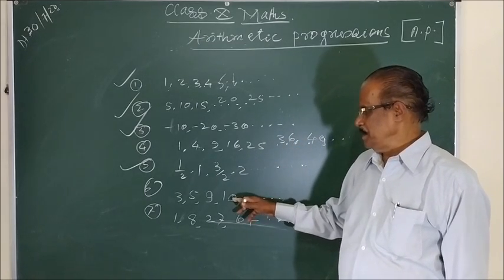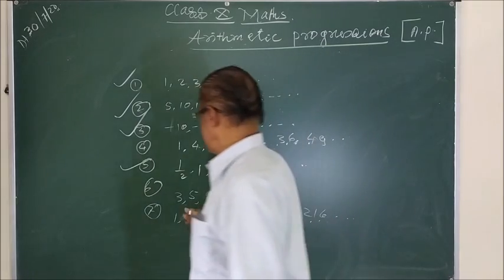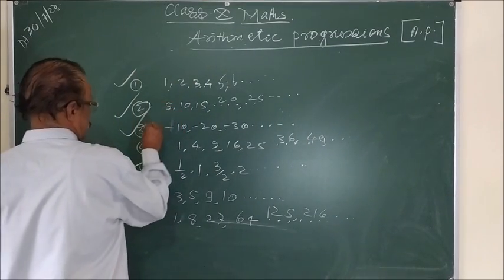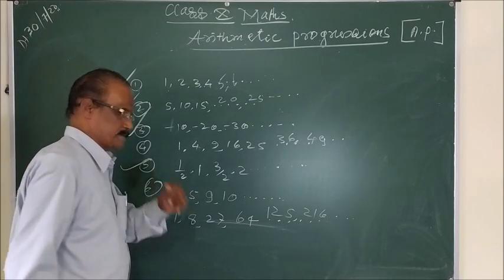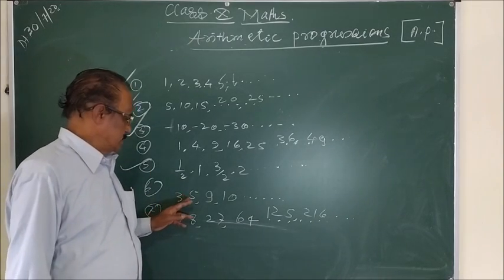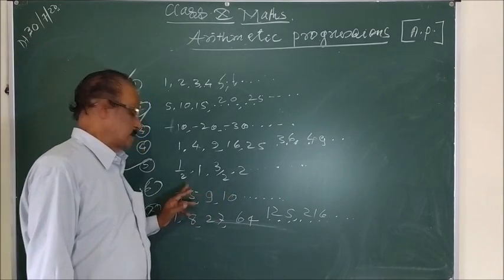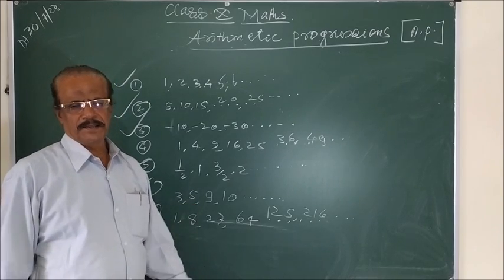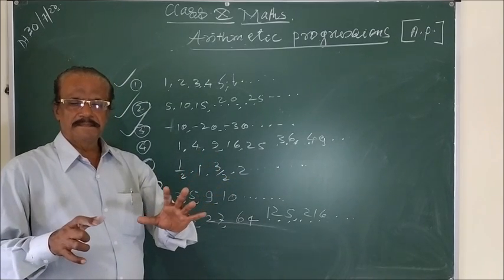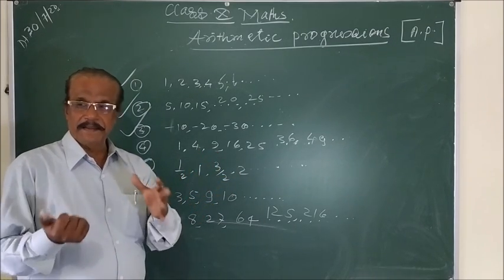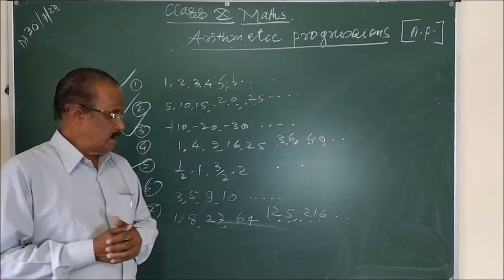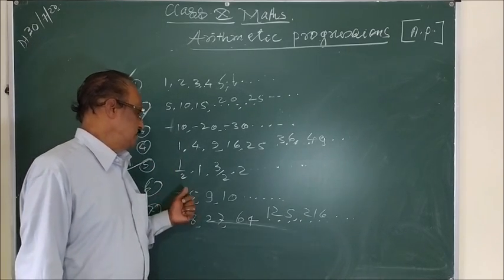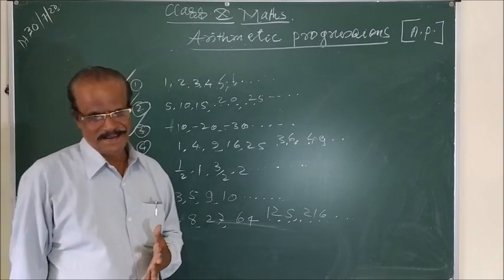Now you see number 1, 2, 3, 4, 5, 6. You see 6. The numbers of this list does not have any particular pattern, does not possess any rule, and therefore these are not in AP.